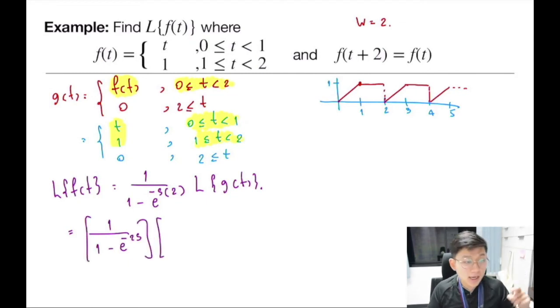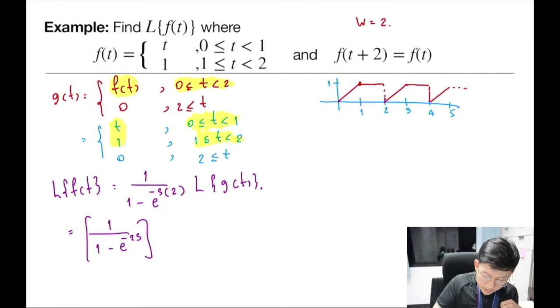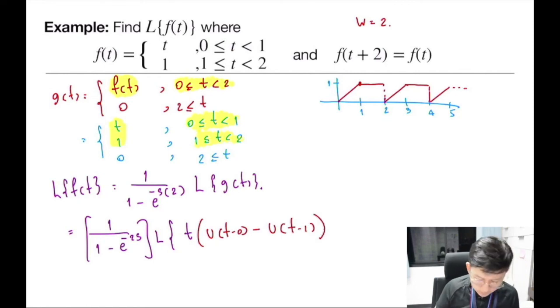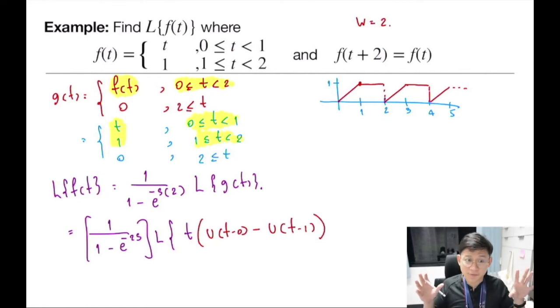times the Laplace transform of g(t), which would be the Laplace transform of t times u(t minus 0) minus u(t minus 1). Do you remember the unit step function?